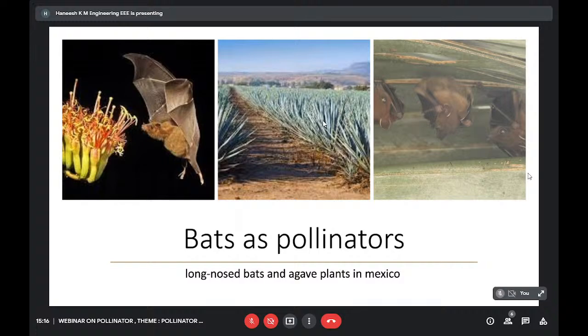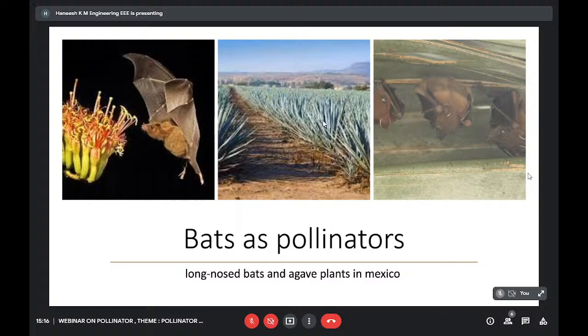The actual thing that happened was they denied the bats the chance to pollinate them. This caused big damage to their cultivation in the entire area. Now a lot of efforts are being taken to slowly bring the bats back, and the experimental results were encouraging. They are getting better plants, and they are getting better income.